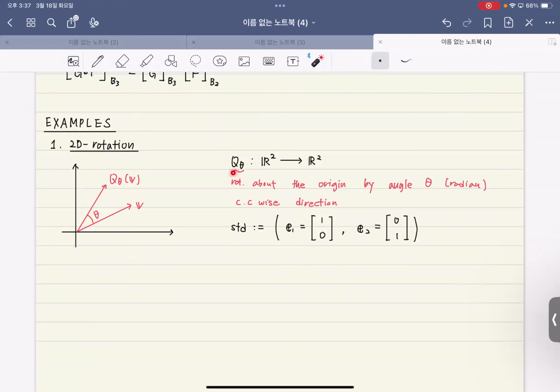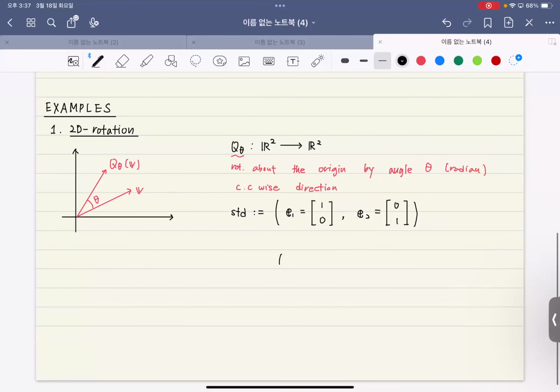Now, to find a matrix representation, I want to find Q theta of E1 and Q theta of E2, the linear transformation of each of these basis vectors. If I can write these two vectors in terms of the standard basis, then I can write down a matrix representation in terms of the standard basis. That was the trick, right? How can I do that? Well, the idea is very easy, and the computation is also not complicated.